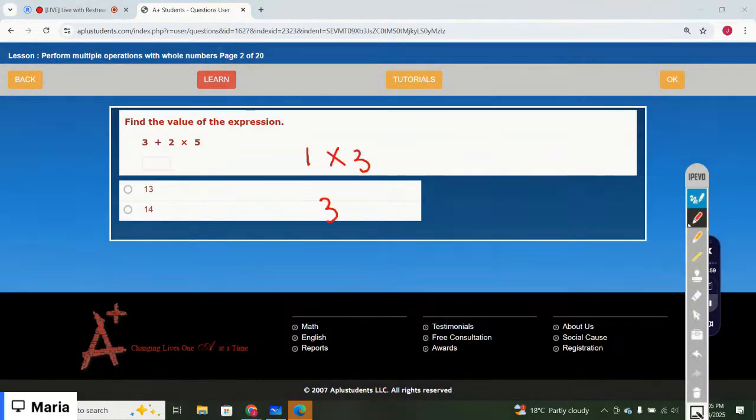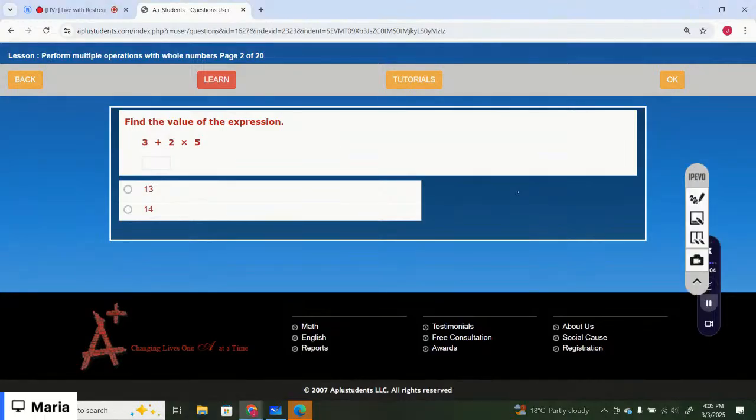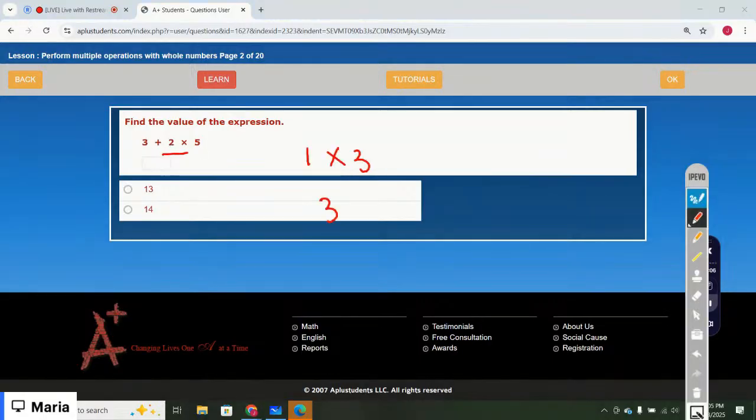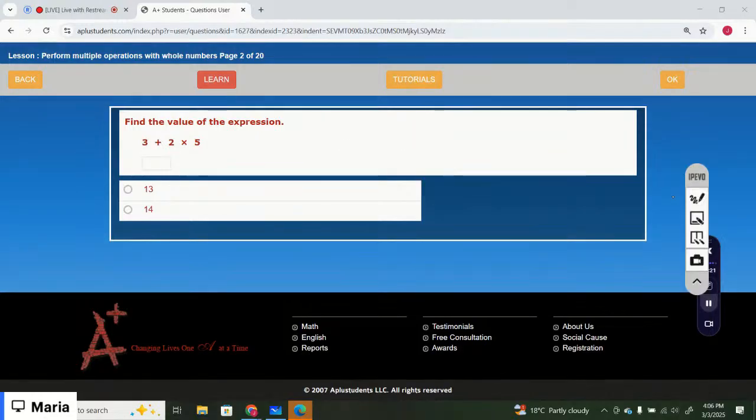Multiplication is higher priority over addition, so you have to perform multiplication first. 5 times 2 is 10, and then you have to add, 10 plus 3 makes 13. Option number 1 is the correct option. The correct option is 13.